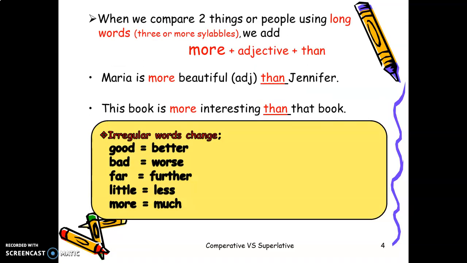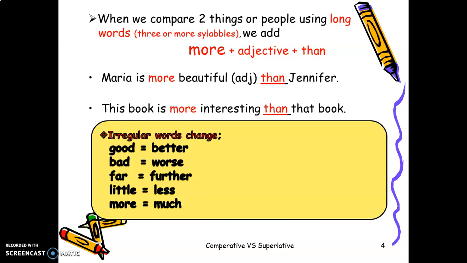So when we compare two things or people using long words, we add more plus an adjective plus than. Maria is more beautiful than Jennifer. This book is more interesting than that book.